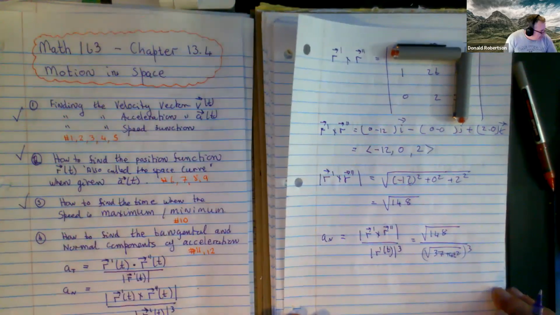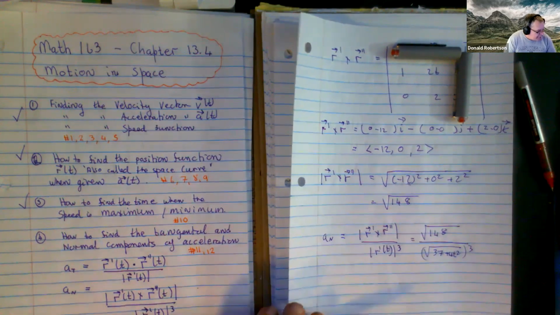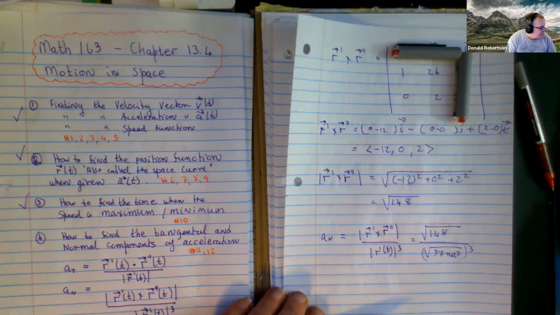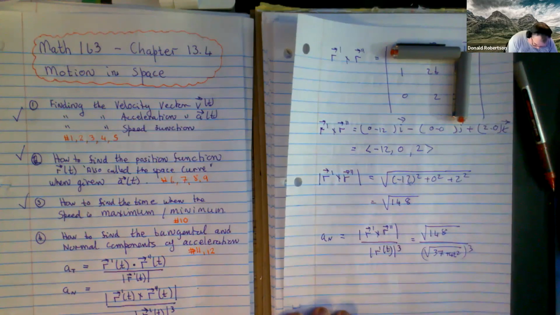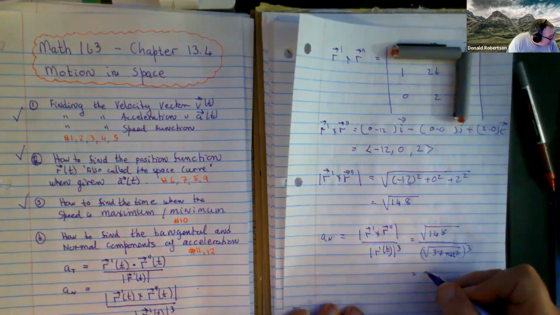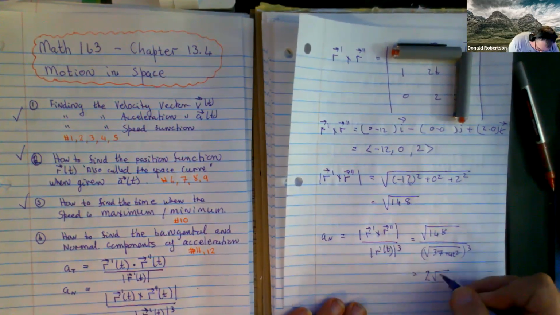There's really not an awful lot you can do to that answer to make it look pretty. I'm just checking what WebAssign did to it, if anything. Well, evidently the top guy can be written as 2 times the square root of 37.